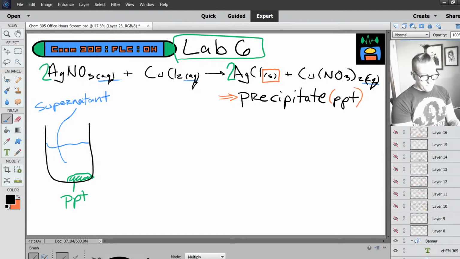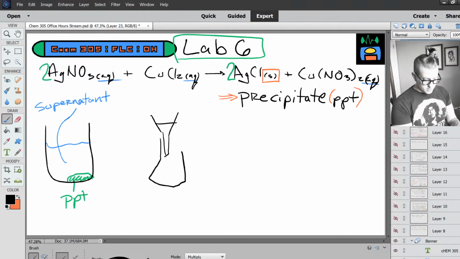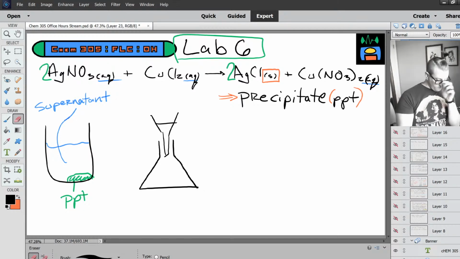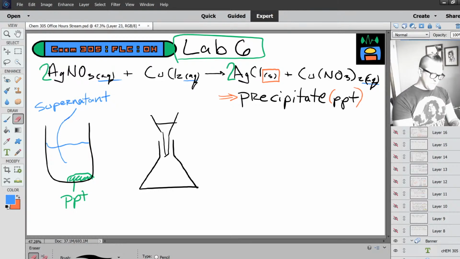Next, what you do is you filter this. Whoa, ugliest Erlenmeyer flask ever. All right, that's a little bit better. So you filter. You're going to take all this stuff and pour it on here.